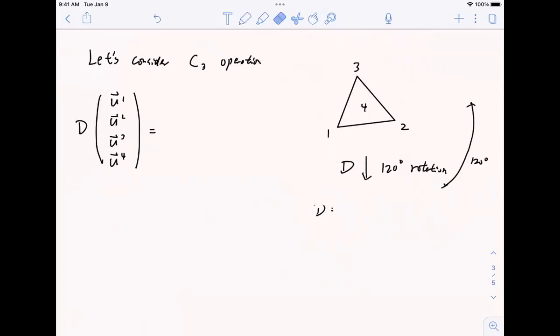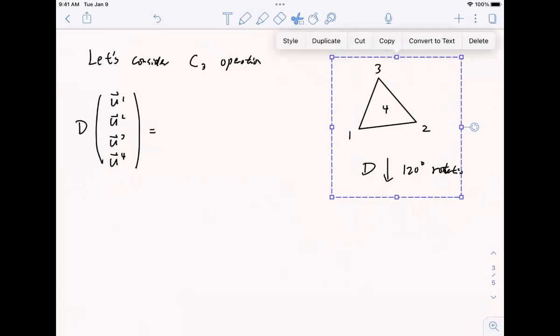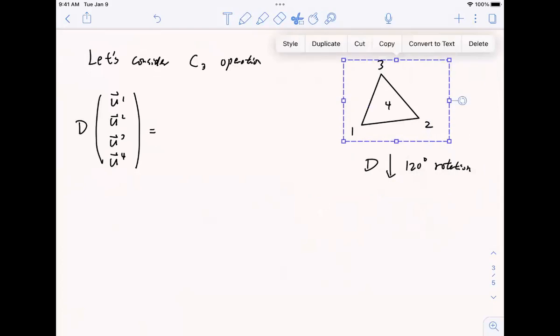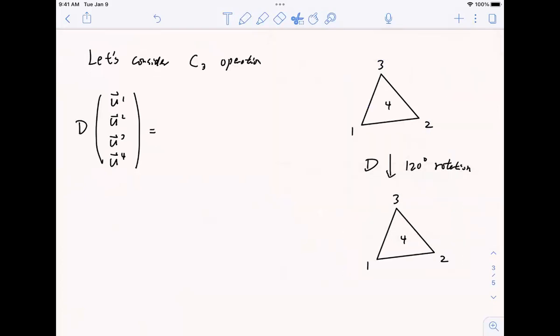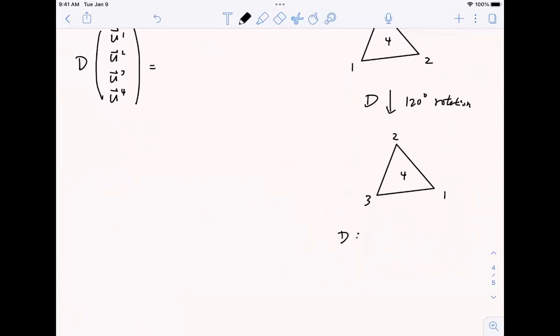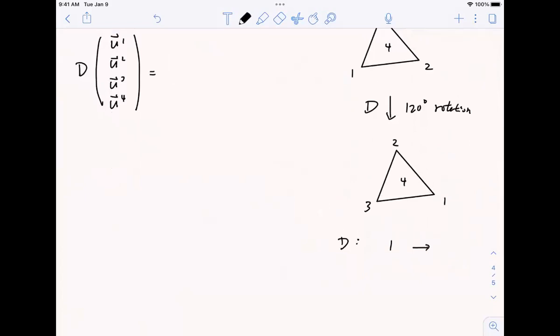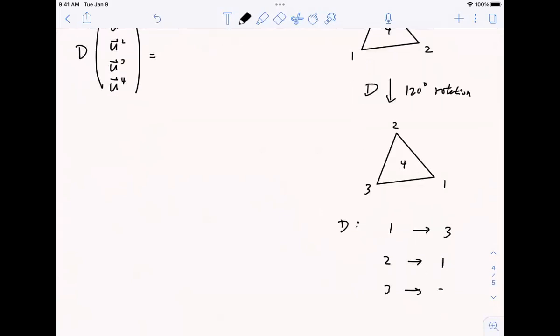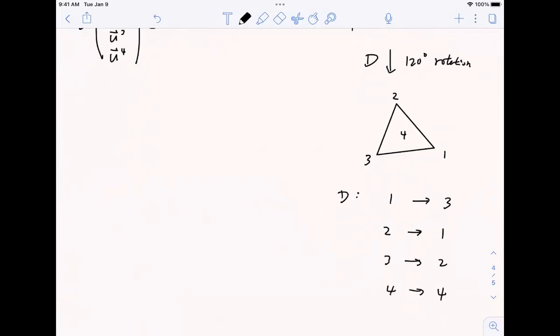This is D. Then it will become basically the same thing, but all the numbers are rotated. So this will be 1, 2, 3. That means under the D operation, 1 will become 3, 2 will become 1, and 3 will become 2. And 4 is just the same as 4.